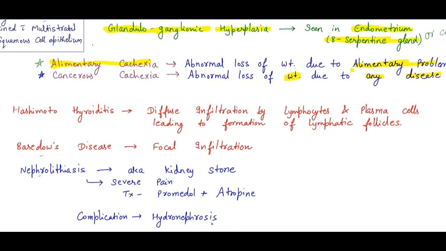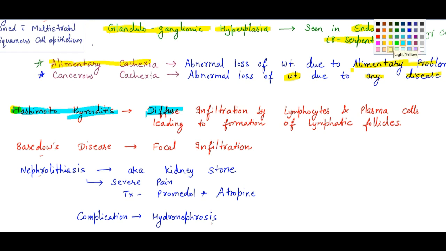If you find Basedow disease, or sorry, Hashimoto thyroiditis, there is lymphocytic infiltration in Hashimoto thyroiditis. Remember, there is diffuse infiltration by lymphocytes and plasma cells. Then what will be your answer?